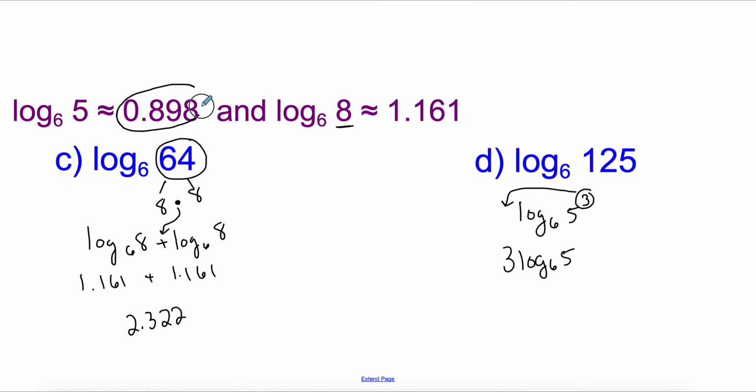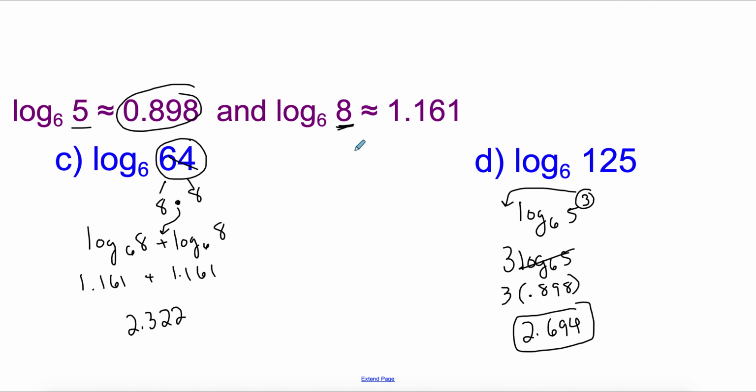Then you can use your approximate value of log base 6 of 5, 0.898, and you're just going to take 3 times 0.898, which is 2.694. So really, we're just breaking these numbers down into factors, but we're using specific factors based on the logs that we're given.